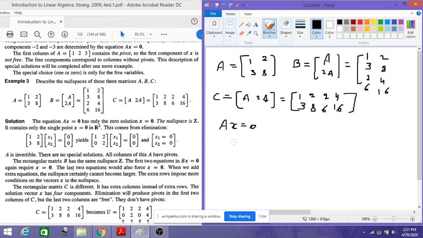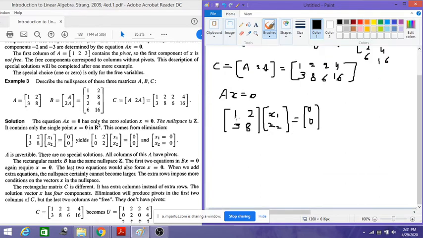If you look into the first case, that is for A, then we can write this as 1, 2, 3, 8 with my x1 and x2, which is equal to 0, 0. Then we will go with the same elimination process. We will multiply the row 1 by 3 and then subtract from row 2. Then I'll get this as 1, 2, 0 and 2.